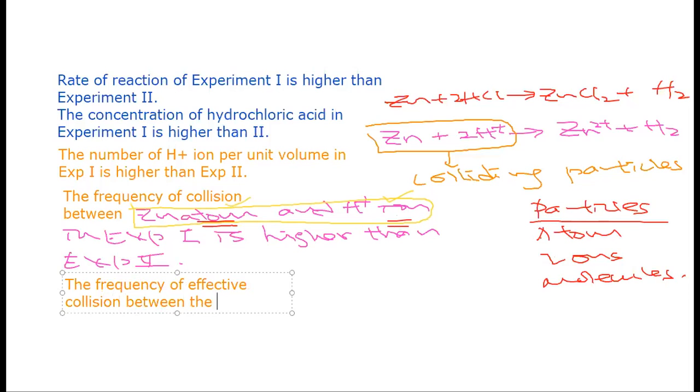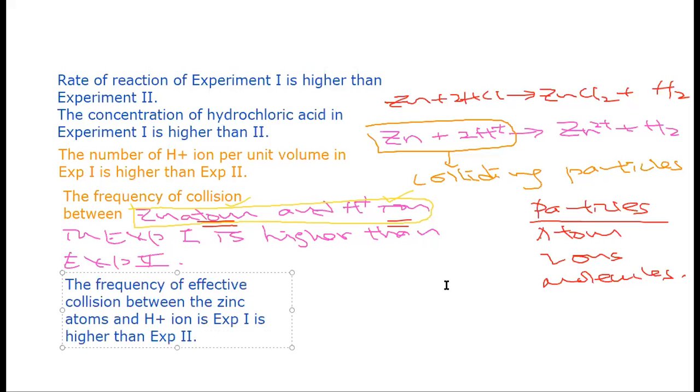Again, it will be between the zinc atom and hydrogen ion. In experiment 1 is higher than experiment 2. Okay? This is the way of writing the collision theory. And the important part is this. Must know how to write the particles.